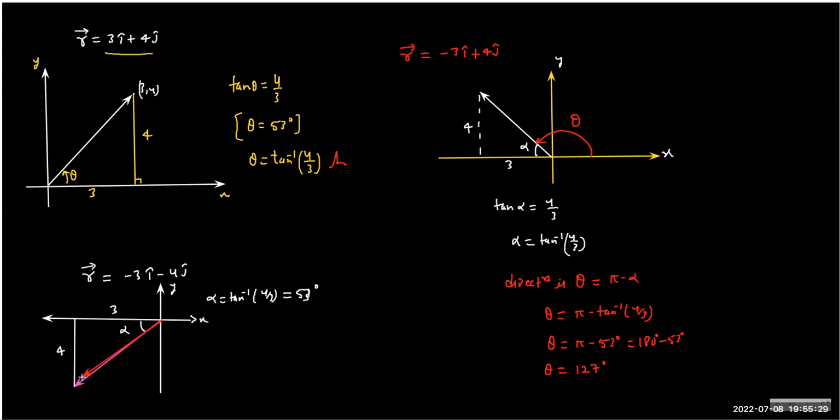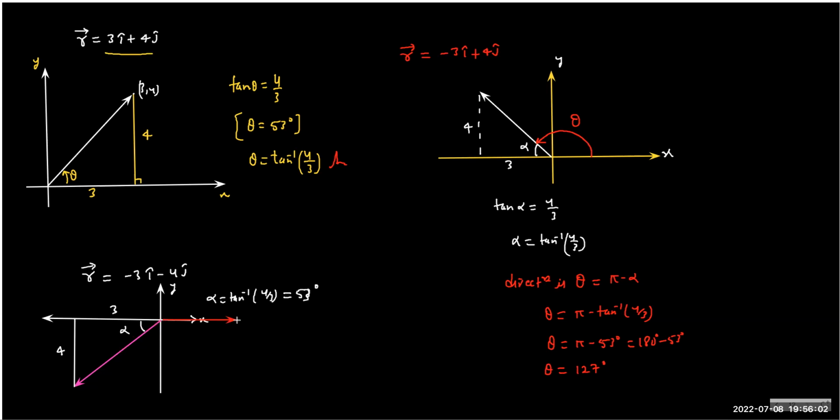The answer is no. It is simply interpretation, so it is not exactly wrong. Generally, the convention is we write the angle which is less than 180. Now, this direction we can express in two ways. Either write 180 plus alpha, which means you have turned anti-clockwise by 180 plus alpha to match the direction of the given vector.